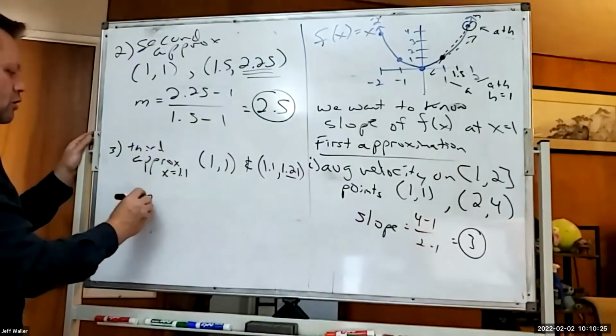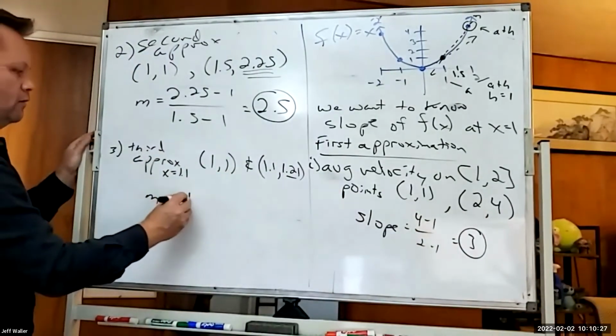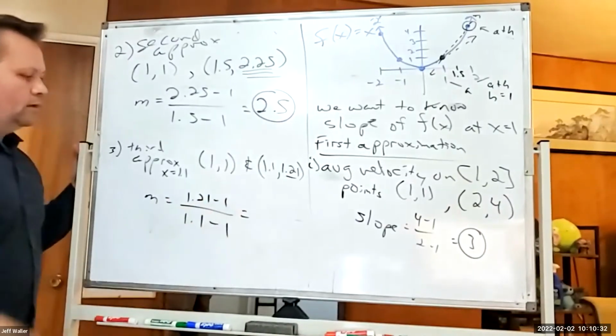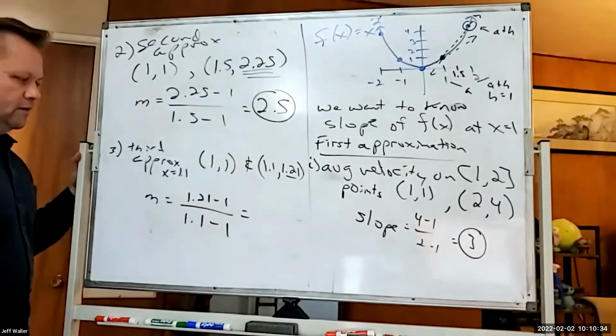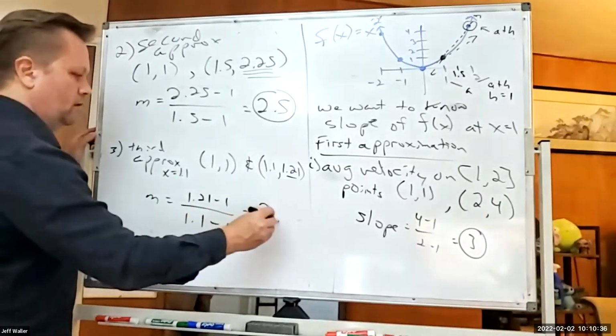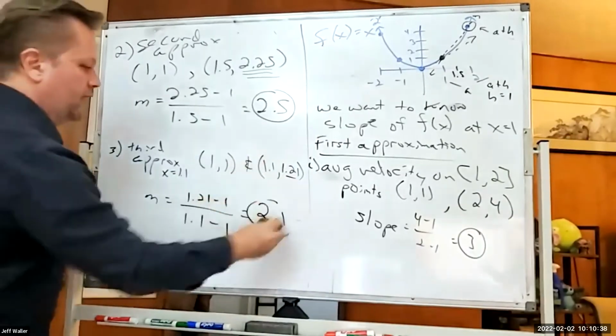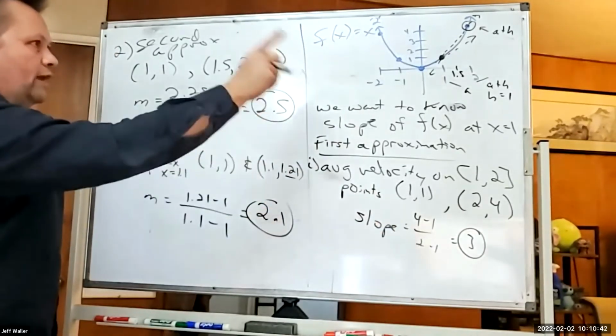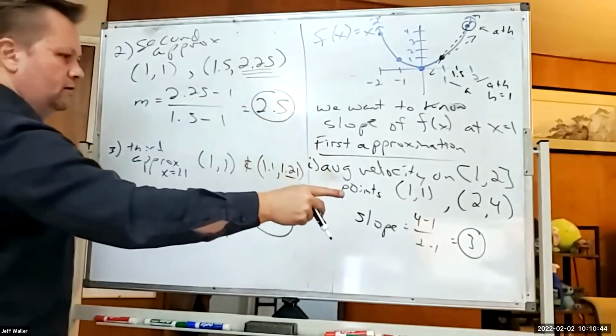So now the slope is going to be 1.21 minus 1 over 1.1 minus 1. So you get 2.1, yes? Yes. So even by itself, can anybody give me a guess what the slope right at 1 is going to be?